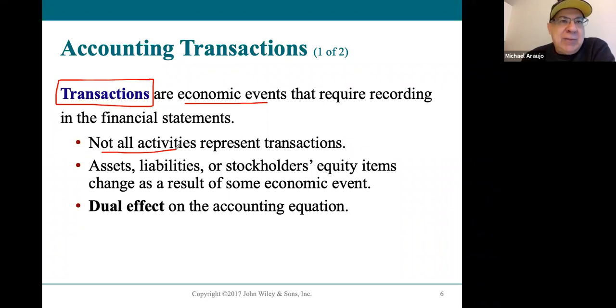So you might have someone walk into your store, ask some questions about your products or services. You might give them a few brochures for them to think about, and they leave the store. Well, nothing financial happened there, okay? So that's not a transaction. It's not a transaction because nothing financial happened at the time that the customer or the potential customer walked in and walked out. Okay, it's not an economic event.